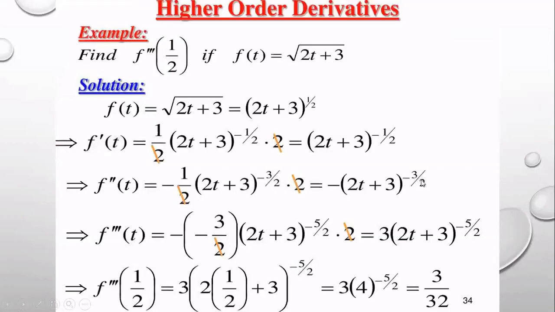After that, positive, because minus sign. Here front also minus, top also minus. There's a positive. 5 by 2 is there. Then 5 by 2 into 3.